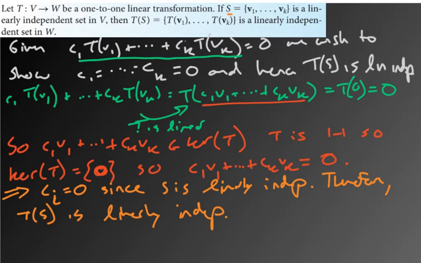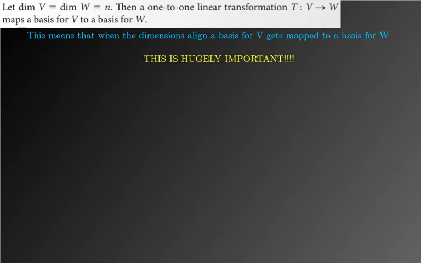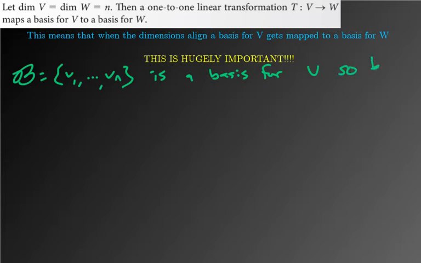This last proof basically said that if it's a one-to-one linear transformation, which is what we have, then T of a linearly independent set is linearly independent. So let's just say B = {v1, ..., vn} is a basis for V. By the last theorem, we know that T of B is linearly independent.